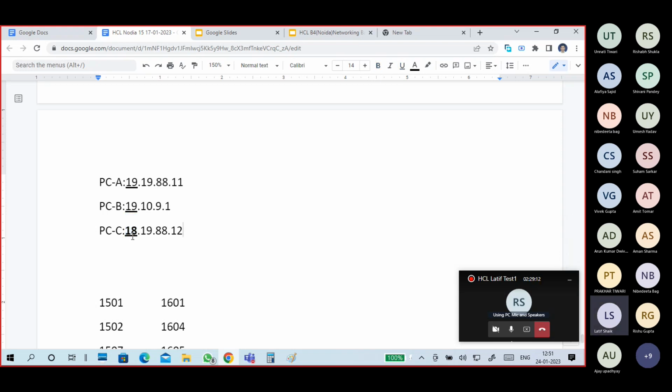Look here, there is a difference. What does that mean? PCA and PCB can communicate with each other, but not with PCC, because their network portion is different. Host portion can be different, should not be the same.